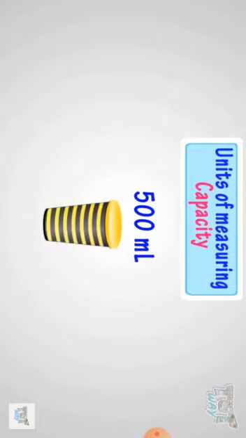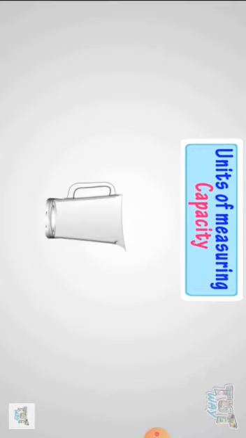Now, let's learn how much quantity is 500 milliliters. Here, we have a container that can hold at most 500 milliliters of water. So its capacity is 500 milliliters. Now, let's learn how much quantity is 1 liter. Here, we have a jug.